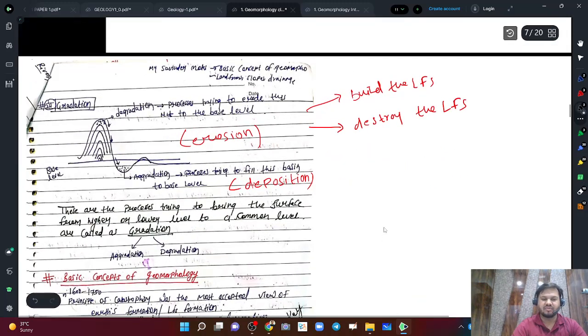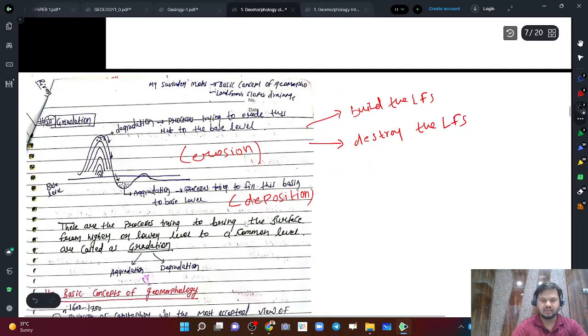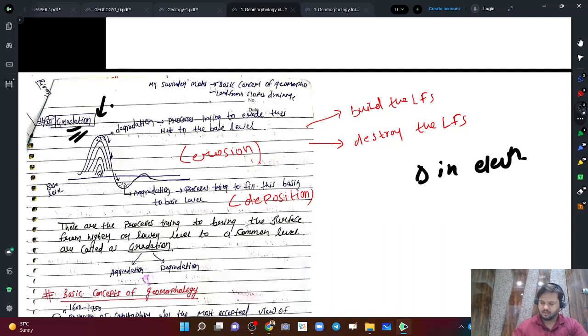And the third thing, before going to the slides, that I want to discuss is gradation, right? Gradation is basically a process which leads to change in elevation of land, from higher to lower or from lower to higher, to a common point basically.